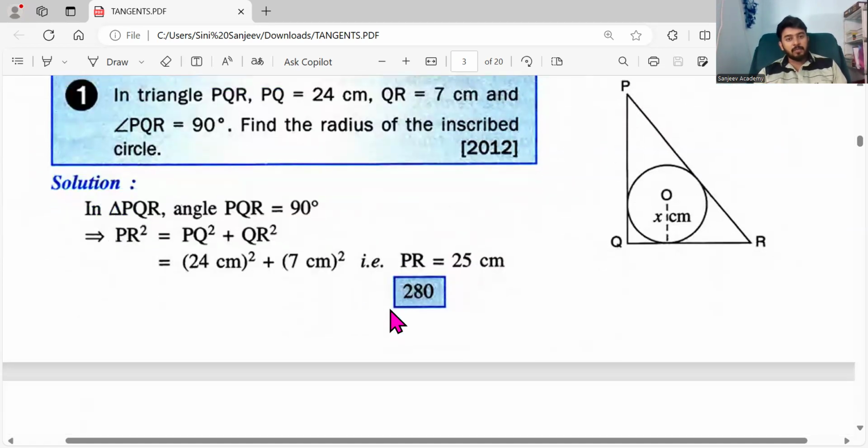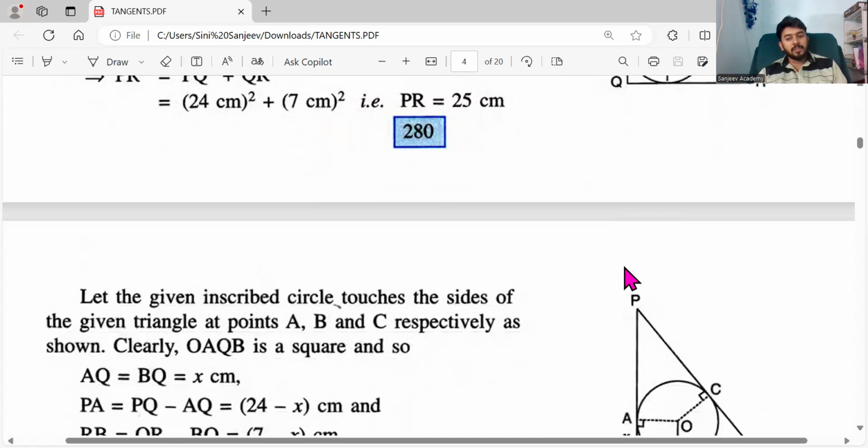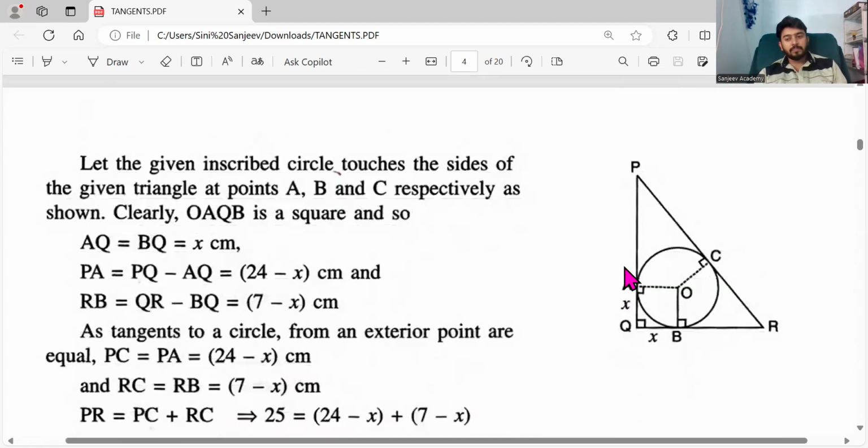So once I get PR, what is the question here? Find the radius of the circle. So just like that, draw the perpendicular from all the radii. Correct? So what is my PQ? My PQ is 24. I'll just write it down here.